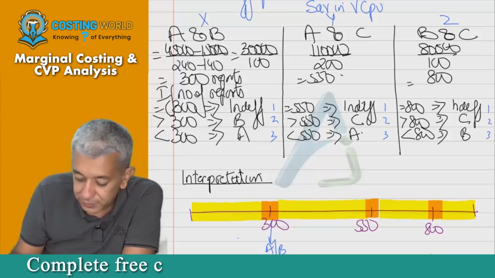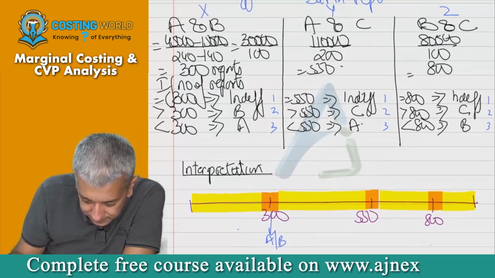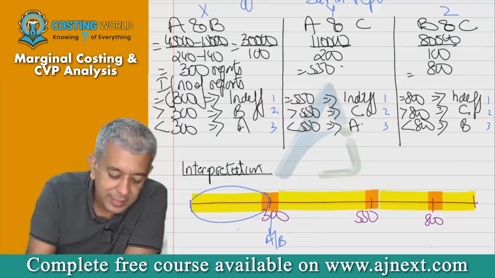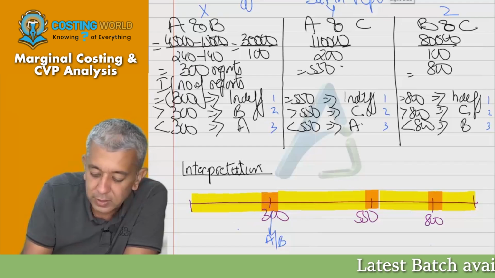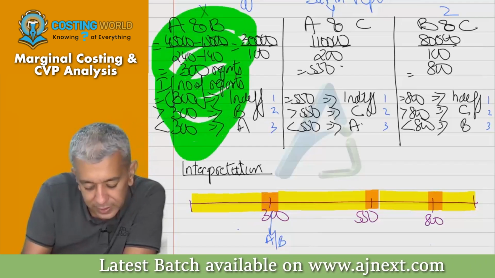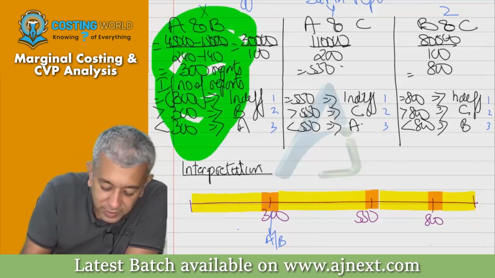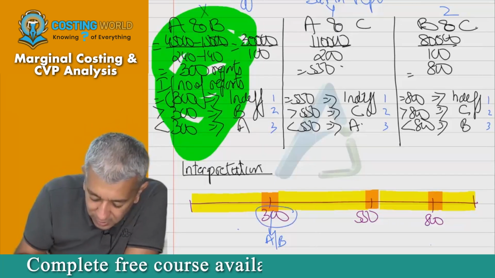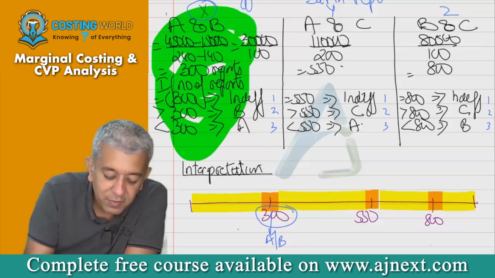Now first of all, tell me 1 to 300, that is coming over here right now, right? That is coming over here because we are comparing the 300 figure. So the 300 figure comes under X where we are comparing A and B.